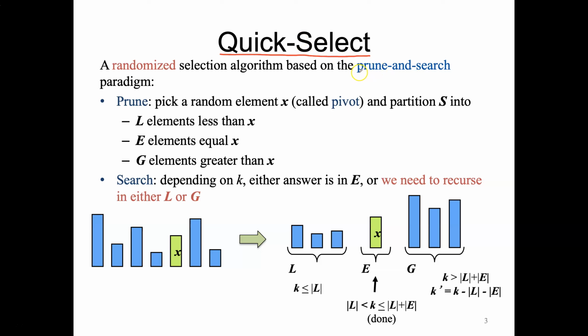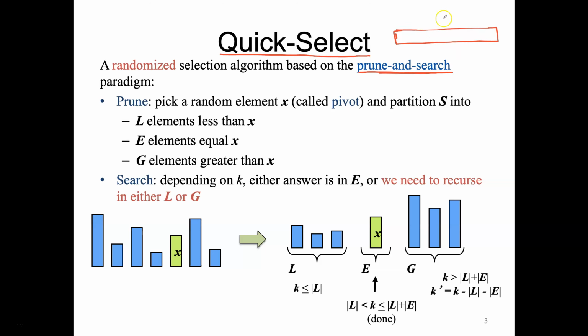You've seen one other prune and search kind of algorithm, which was binary search. Prune and search just means we have some sequence, and we're looking for something. In this case, we're looking for the kth smallest item. With the prune and search paradigm, we have some way of effectively saying, okay, for this entire sequence we're given, we don't have to look at the entire thing.